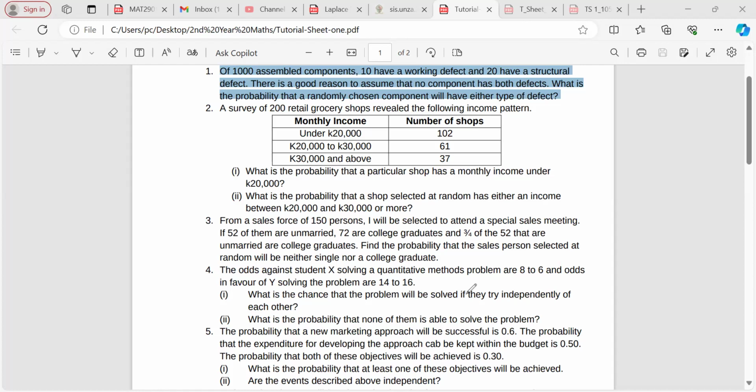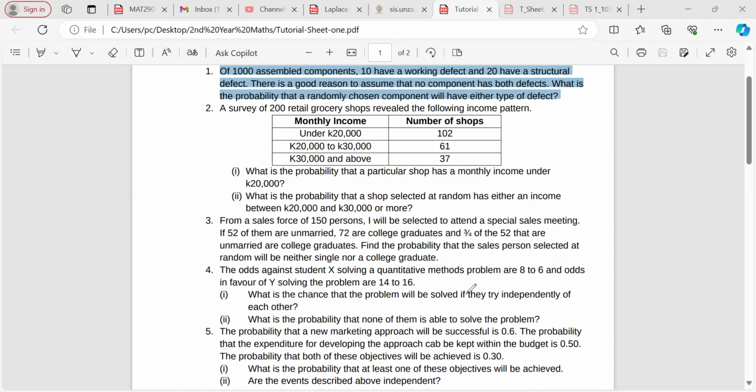When you're unmarried, in this case, you are considered to be single. So it's saying neither unmarried nor college graduate.